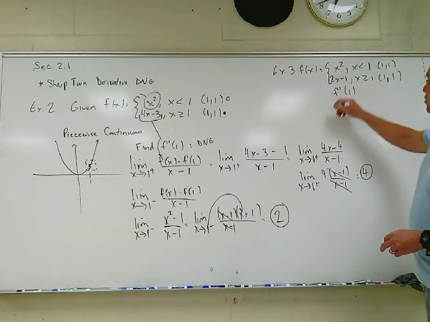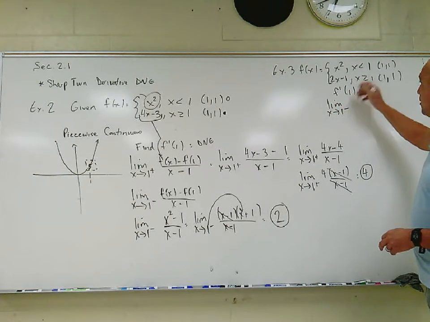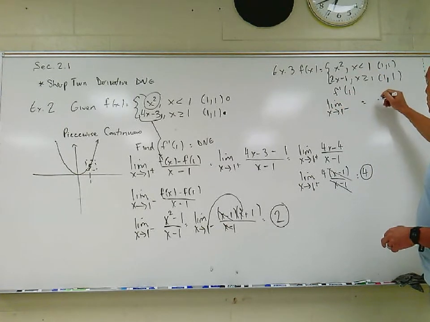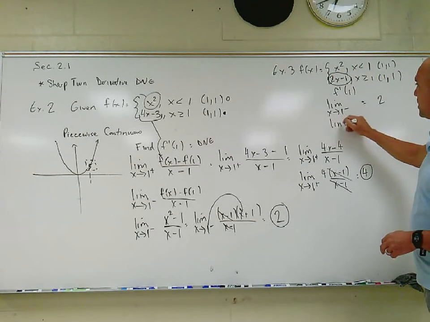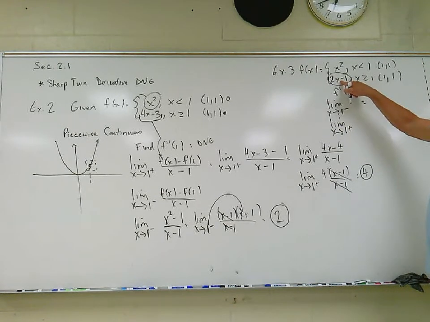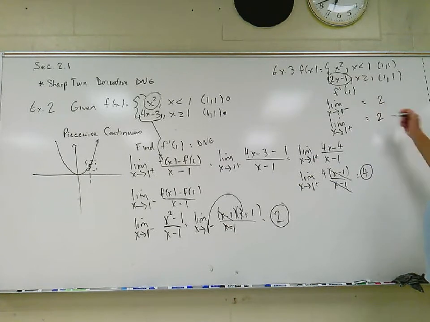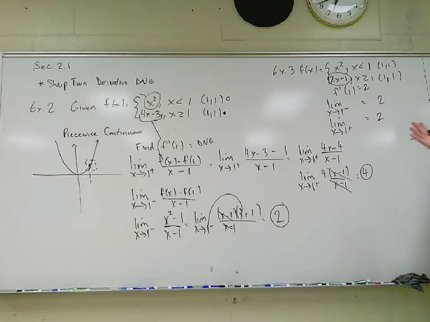Notice, the limit as x approaches 1 from the left of this x squared is still going to go to 2. Now look at this one. If I do the limit as x approaches 1 from the right of that, what's always the slope on that one? 2. You would get the same answer, and then you would say, oh, it's 2, it's not a sharp turn. It just connects just right, so it's a smooth connection.